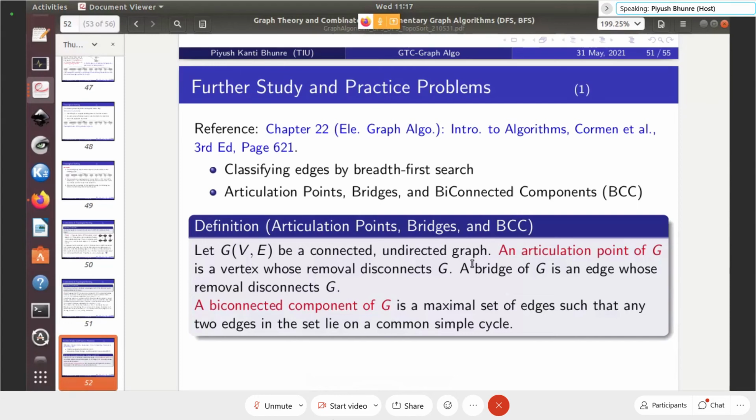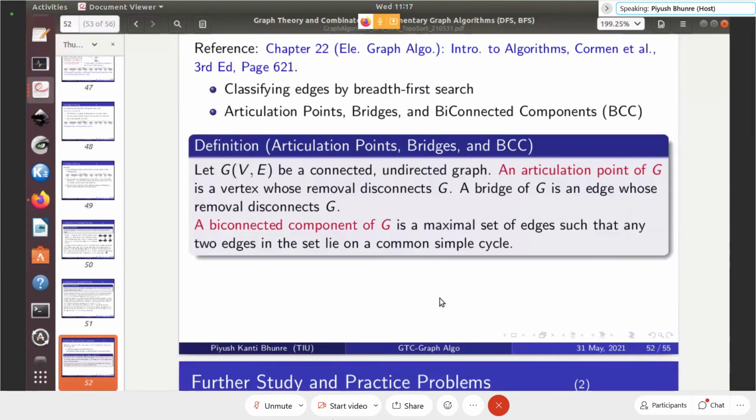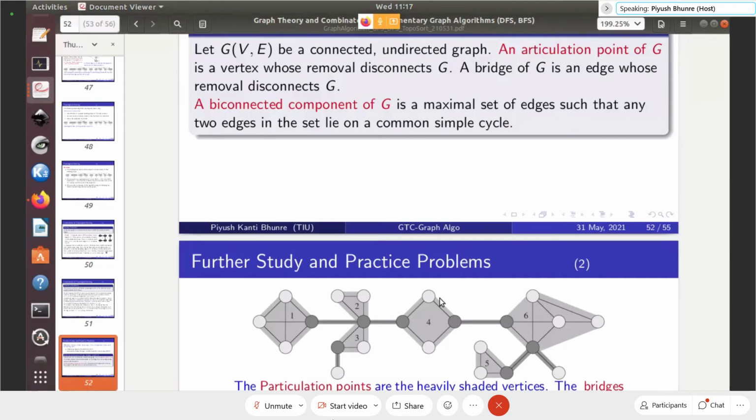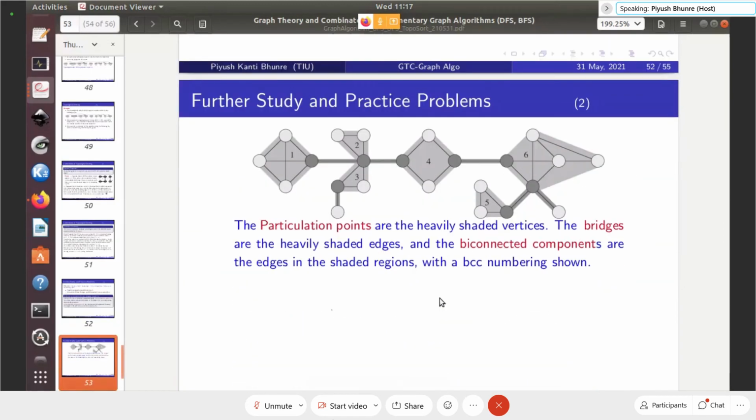If you remove one of the edges in a cycle, it will still become a tree. Such components of G are called biconnected components, because each of the vertices is connected by two paths. Just like here in the figure, all the black shaded vertices are called articulation points.